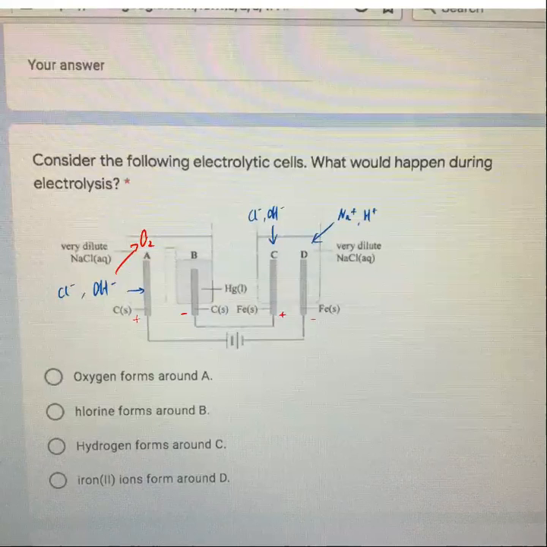For these two, sodium ion and hydrogen ion, we know hydrogen ion will preferentially discharge to form hydrogen gas. And then for electrode C, it should be the metal that is involved in the reaction, and then becomes Fe2+.